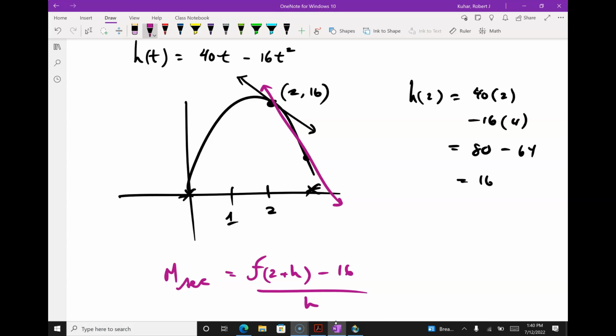So let me write that so that you see it. So this is h, so this is 2 plus h. And this is 2 plus h, comma, f of 2 plus h. So if you look at my two points, I'm doing y2 minus y1 over x2 minus x1. Right? That helps?